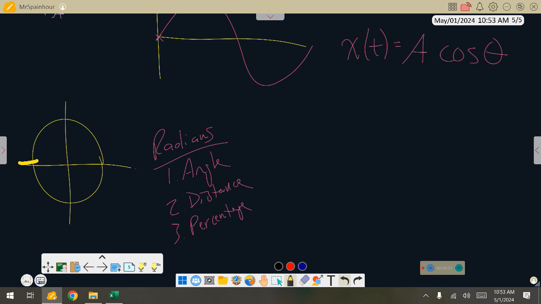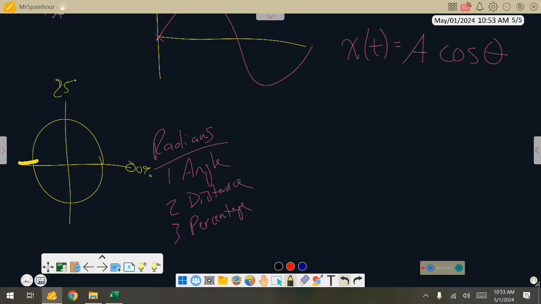You don't know how much time it necessarily took because we haven't figured that out, but you know it's on that particular side. And if I said, where is it a quarter of the time later, you would know it's right here. So all we are doing with angle is associating an angle with a percentage. Meaning, at 0 radians, that's 0%. How much of the way through the cycle is up here?